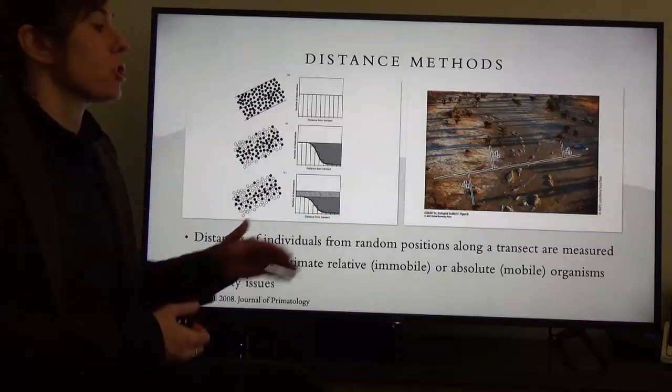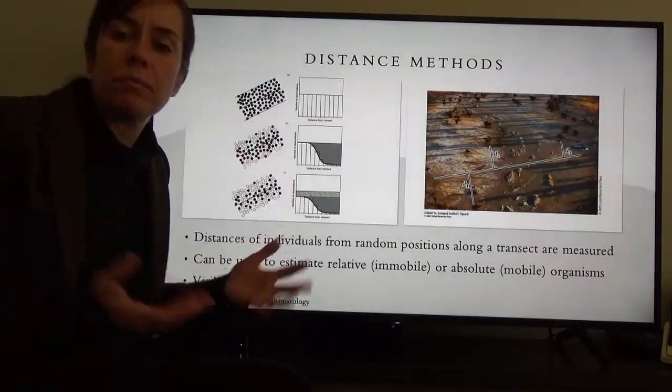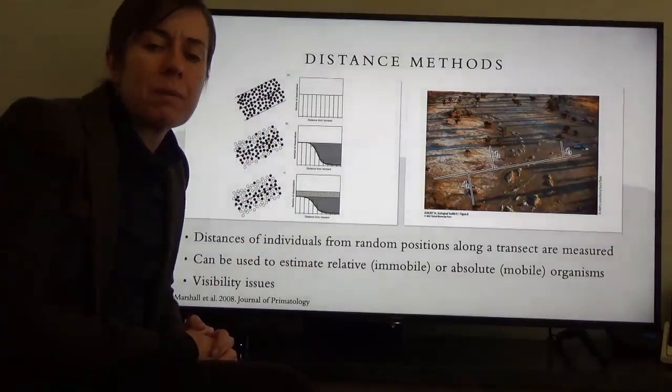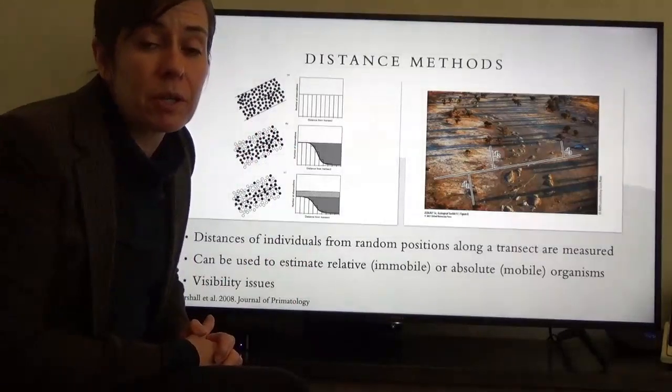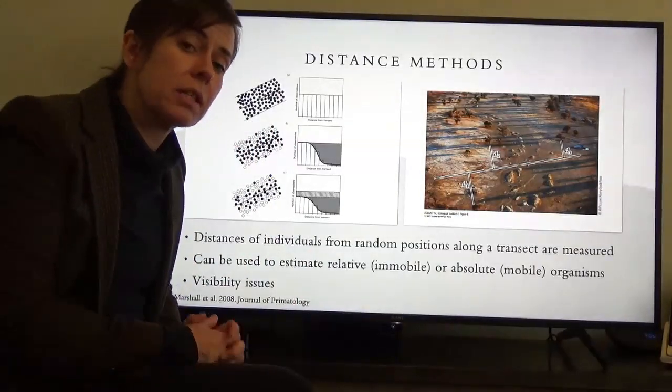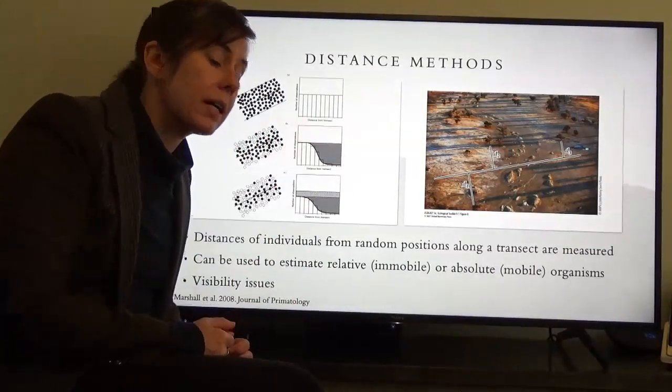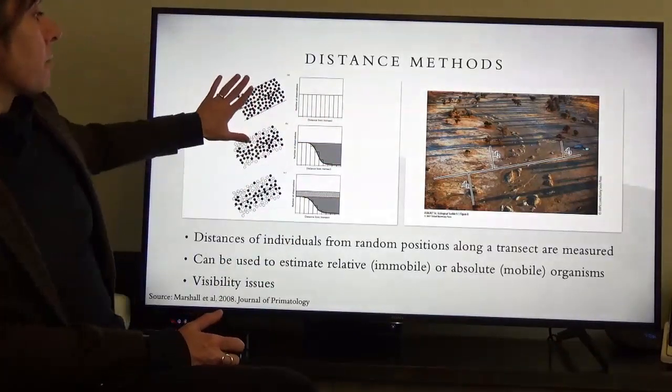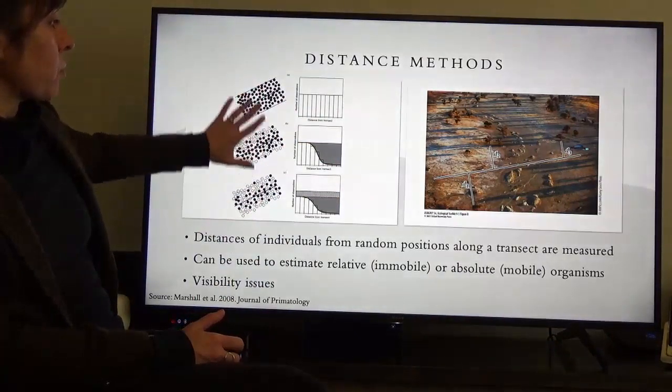So you can imagine if you're doing this walk and you're looking for birds, you will be much better at seeing those individuals that are close to you than those individuals that are far away.